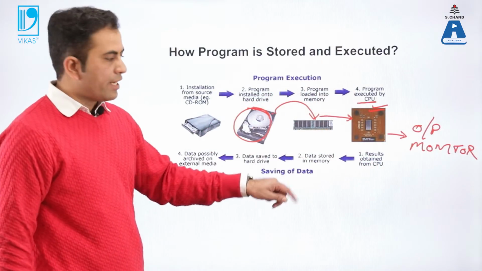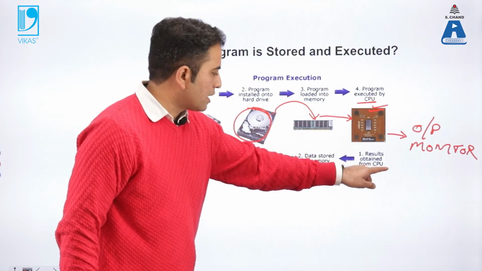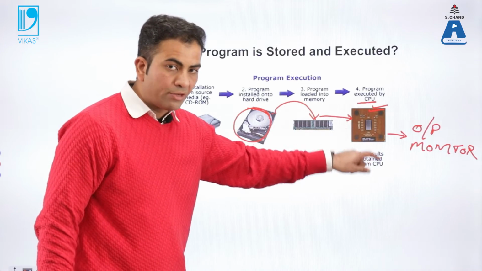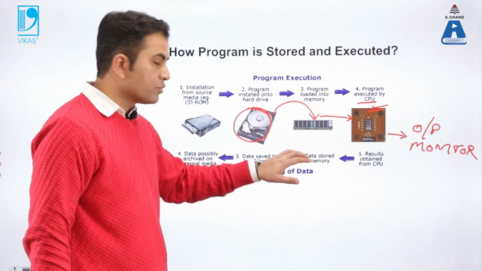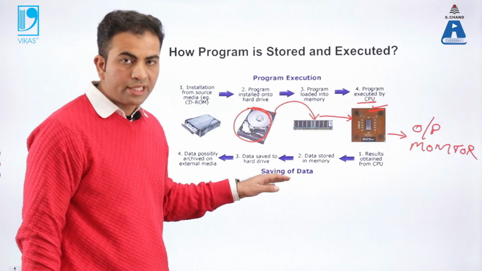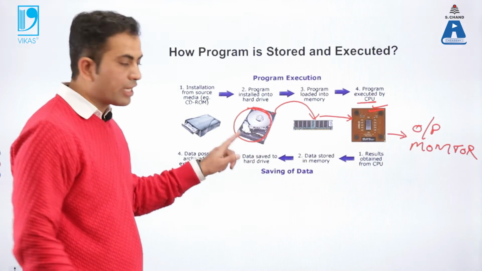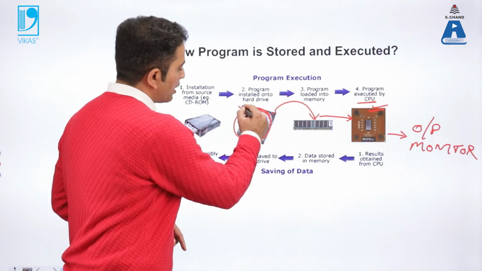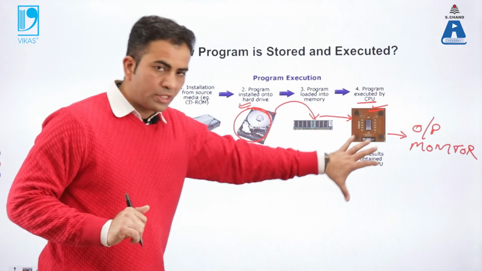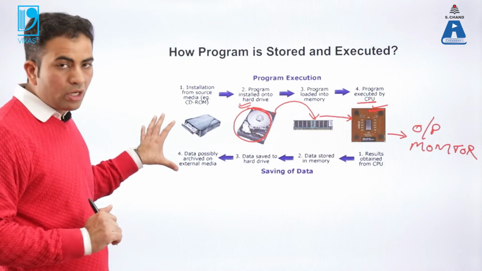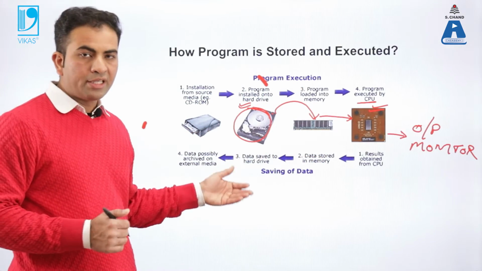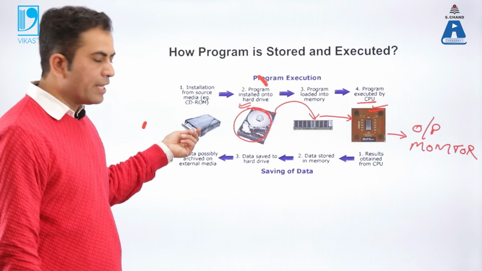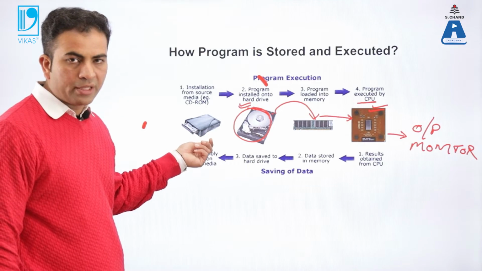After that, the results which are obtained from the CPU are stored temporarily in the memory, and then if we want to save that data, it is saved again permanently on our hard disk. So this whole process shows how our program is executed and how we are saving the data. Saving the data means, for example, from the pen drive you are copying some data.